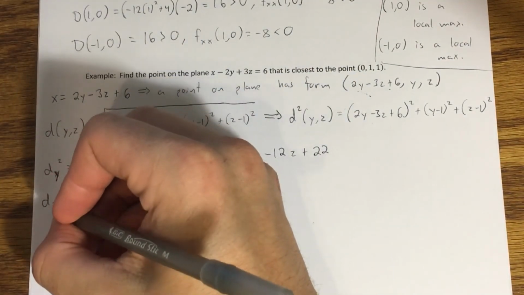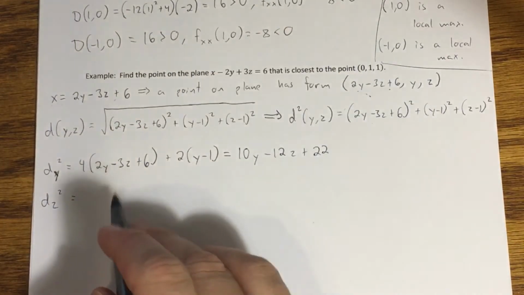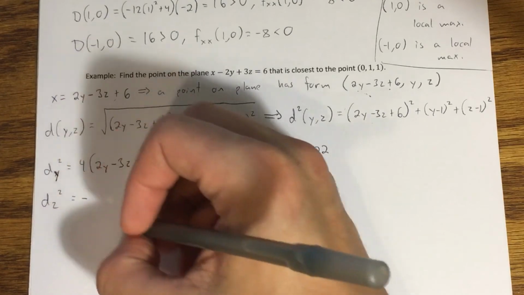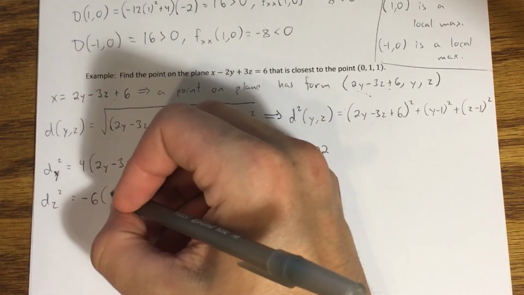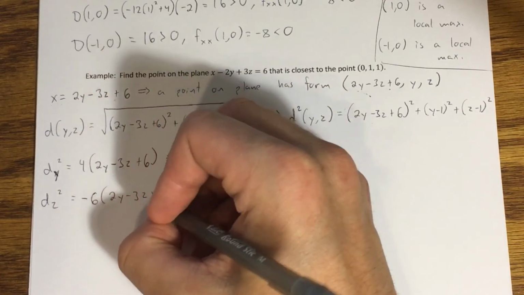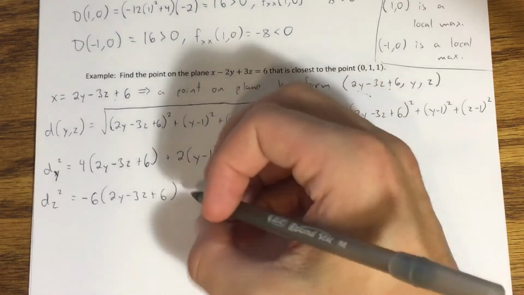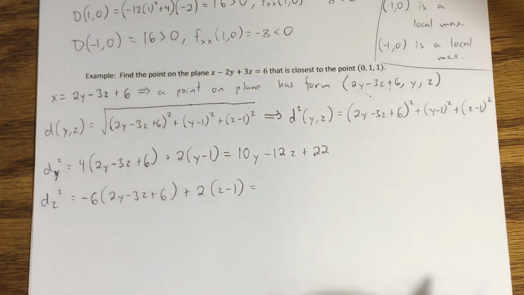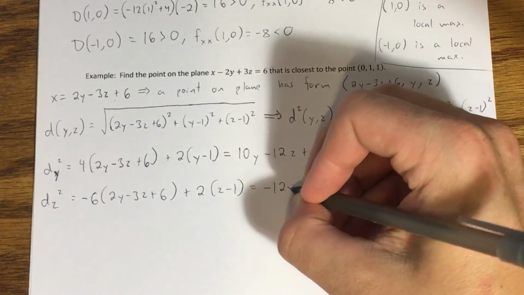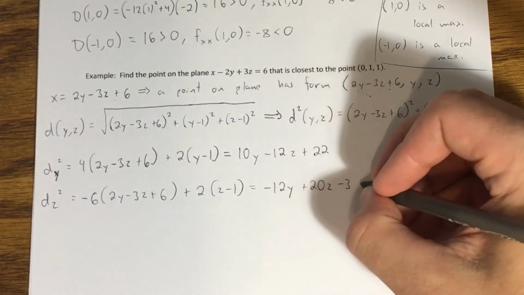And then if I look at dz squared, what is that going to look like? Well, differentiating with respect to z now, this guy, negative 6 times 2y minus 3z plus 6. This term is going to go away, and then this guy is going to become plus 2 times z minus 1. Distribute so that we can combine like terms, and I get negative 12y plus 20z minus 38.